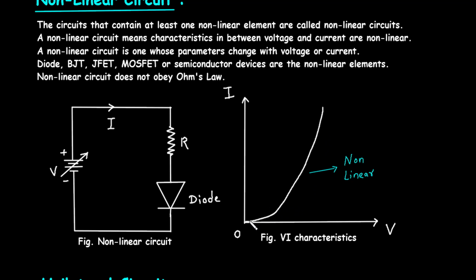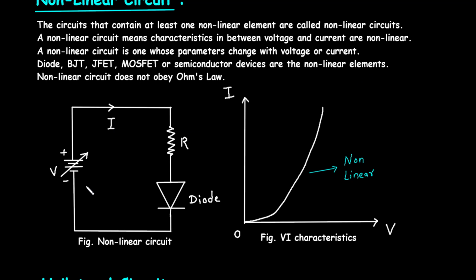When we plot a VI characteristic of a non-linear circuit, then we get a non-linear characteristic. A non-linear circuit is one whose parameters change with voltage or current. Diode, BJT, JFET, MOSFET or semiconductor devices are the non-linear elements.